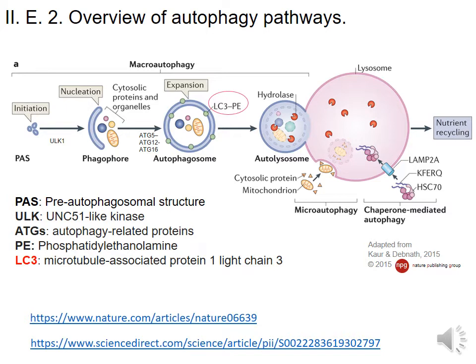So, autophagy can actually be divided into three major forms. Macroautophagy involves the sequestration of the cargo, which are large cytoplasmic components and proteins, away into a double membrane autophagosome.